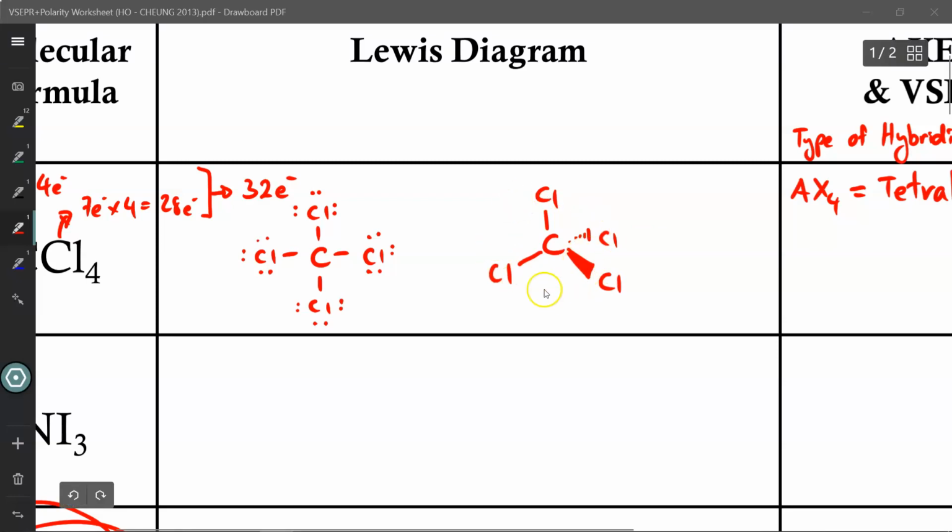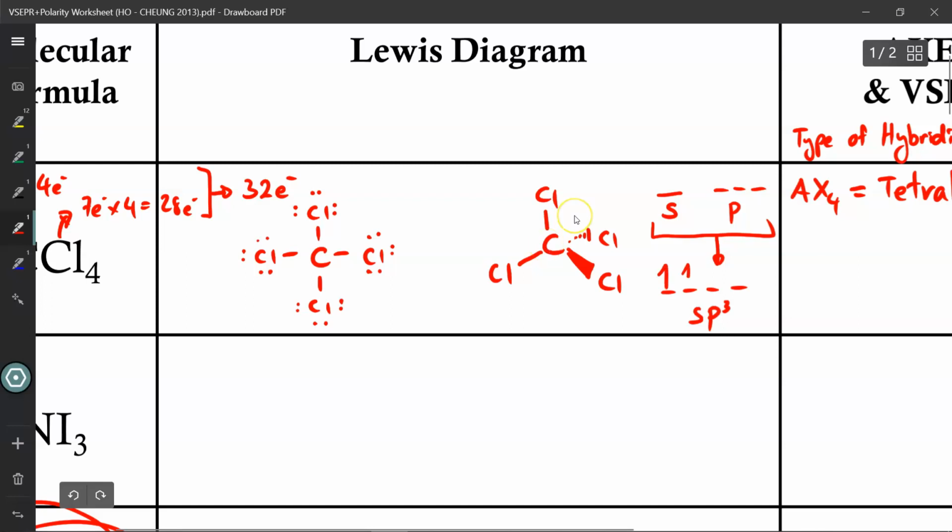Now let's see what type of hybridization is occurring around the central atom, carbon. So we're going to count how many regions of electron density we see. So we see electrons here, here, here, and here. So that's 4 regions of electron density, meaning I need 4 hybrid orbitals. So if I need 4 hybrid orbitals, I need to hybridize 4 orbitals. So an s and a p3 hybridization, and carbon has 4 electrons.